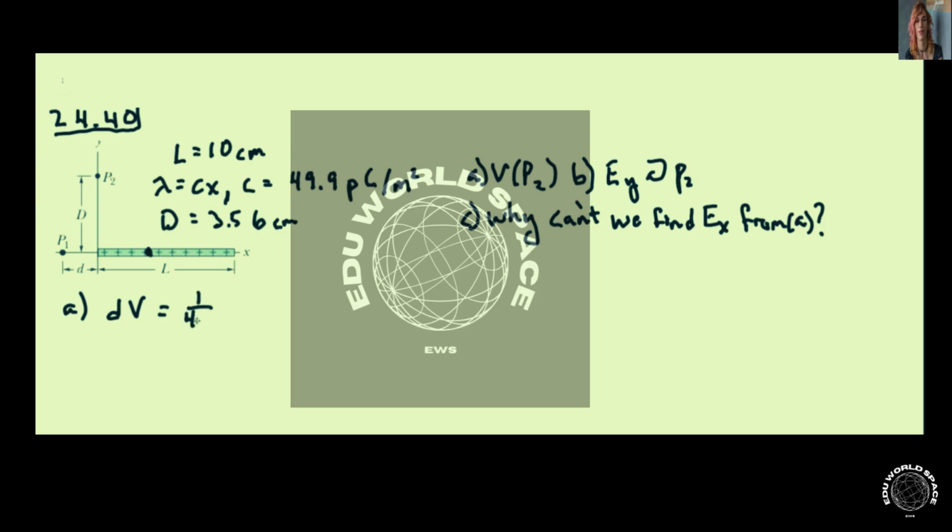And so our dq is going to be lambda dx, c x dx, and our r is going to be the square root of x squared plus y squared.